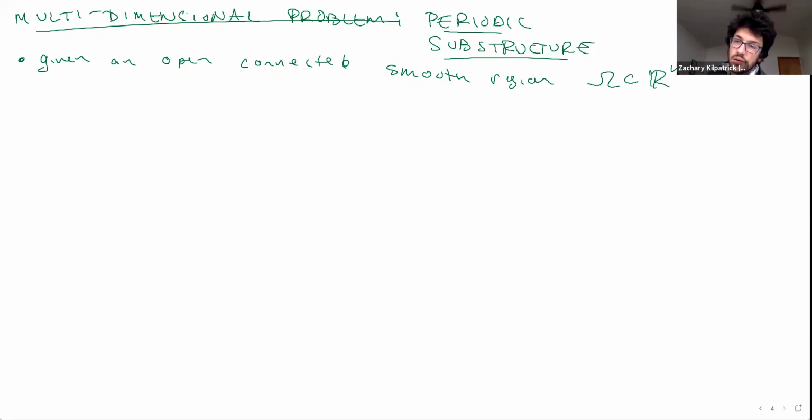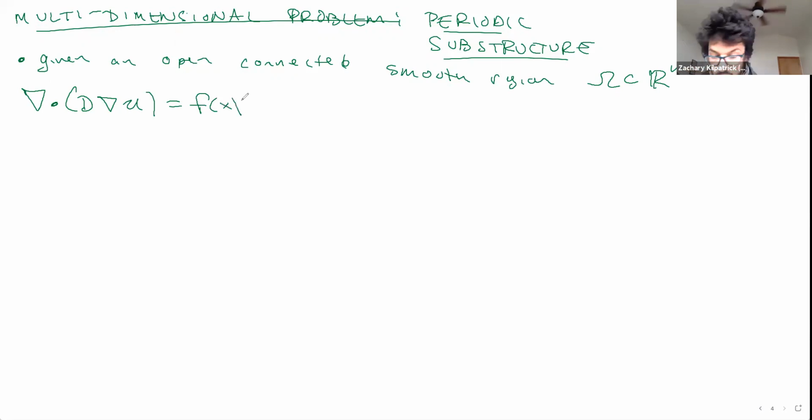So the typical physically relevant domains are going to be R2 and R3, and we're going to take essentially the steady state diffusion problem again, where x now lives in this domain omega.